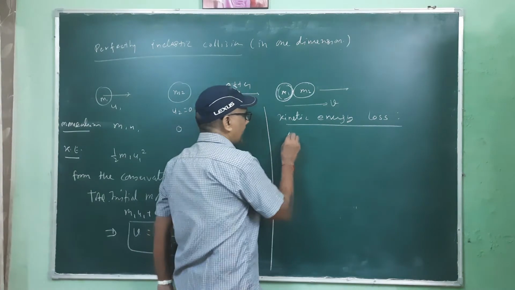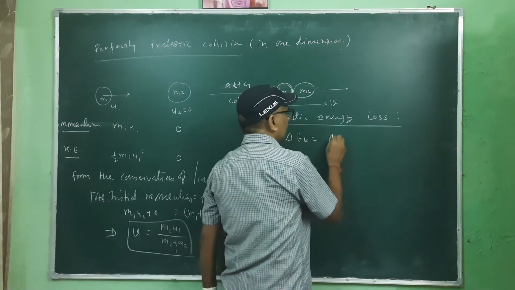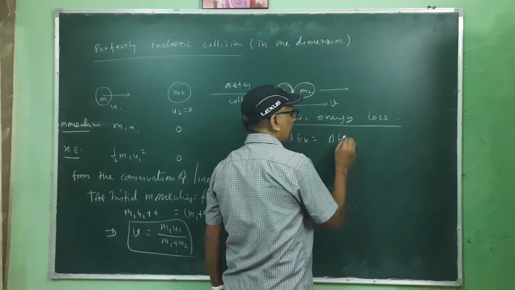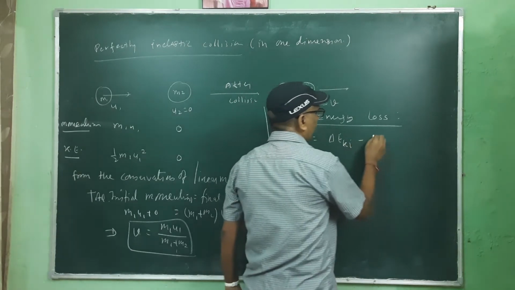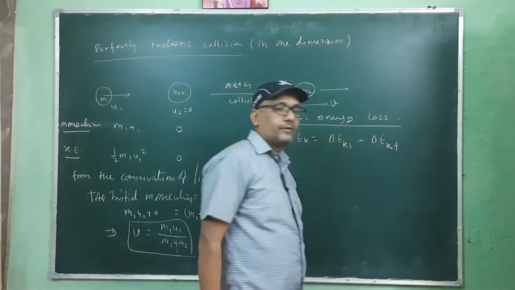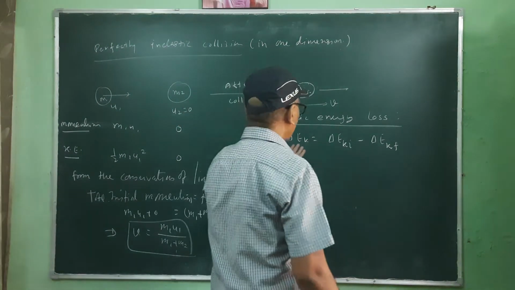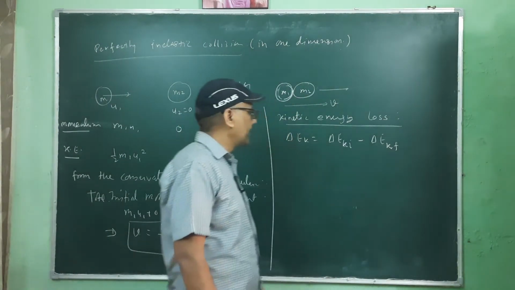So this delta Ek is equivalent to Eki minus Ekf. I stands for initial, F stands for final. I guess you can also write K as Ki and Kf.